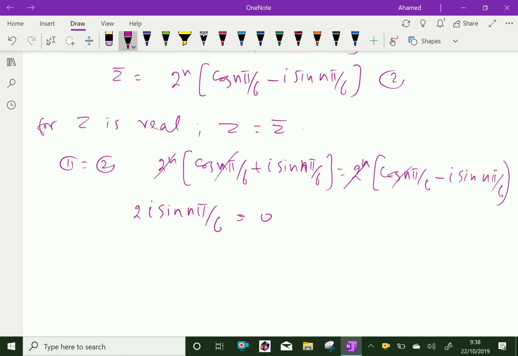Further, dividing by 2i, 0 by 2i is 0, therefore sin(nπ/6) equals 0.